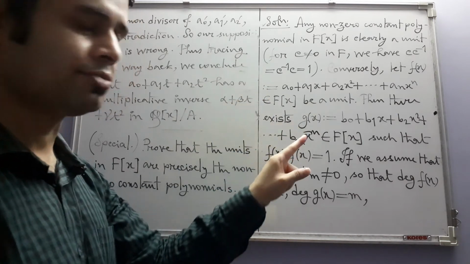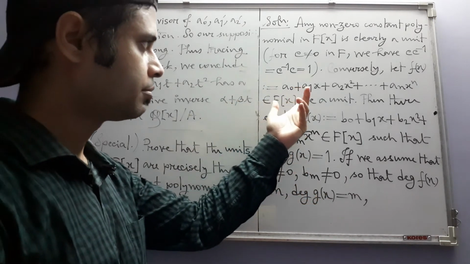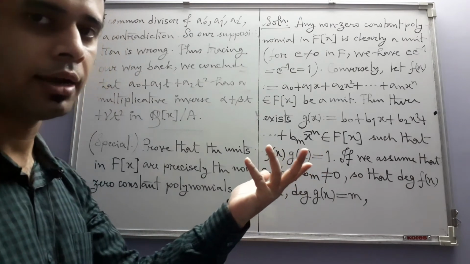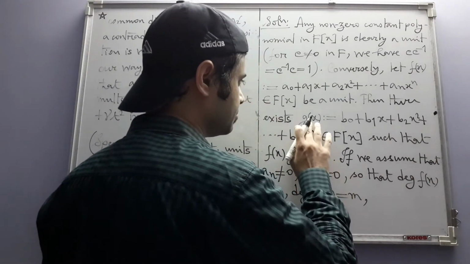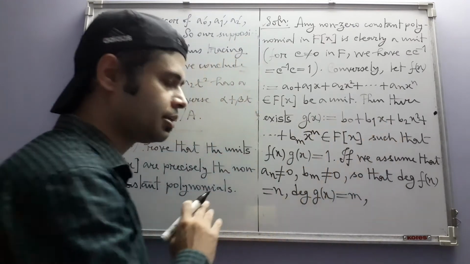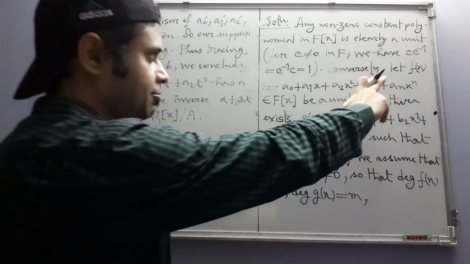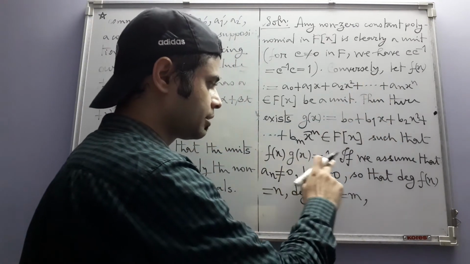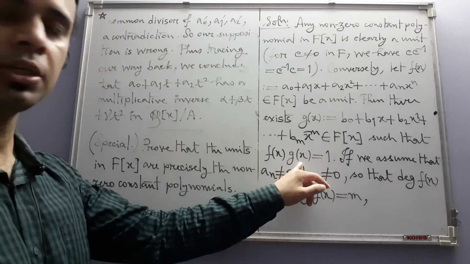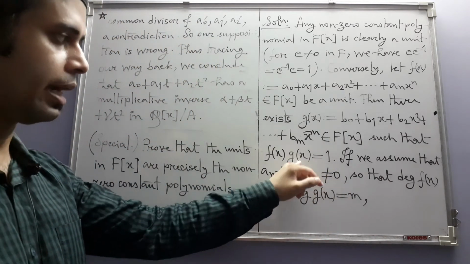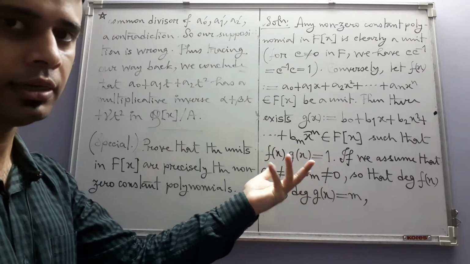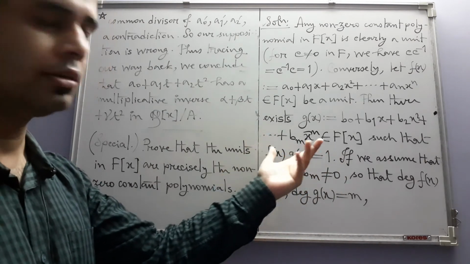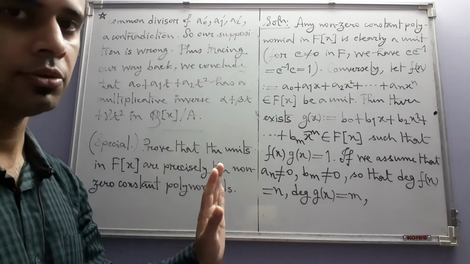So as a non-zero polynomial, it will have some degree. At the same time, since g(x) is the multiplicative inverse of f(x), that is their product is equal to 1, g(x) cannot be equal to 0, because if that is the case, then 0 will be equal to 1, which is false. In any ring, in any field, 0 is not equal to 1.